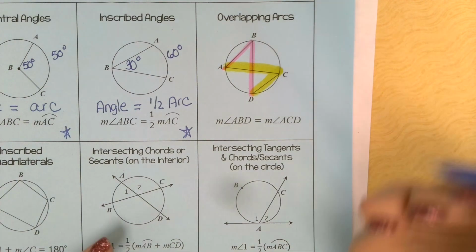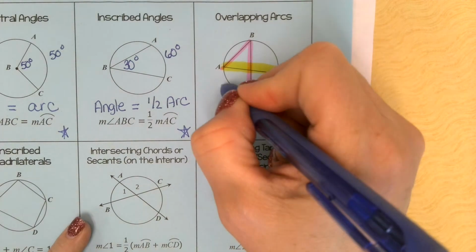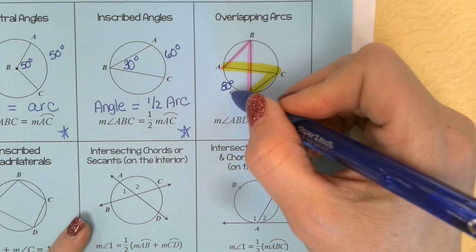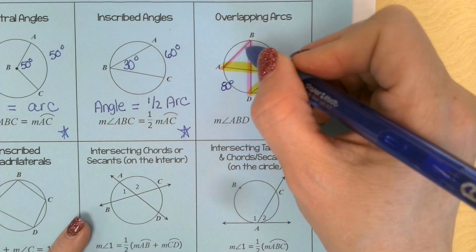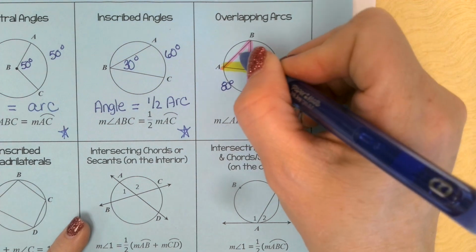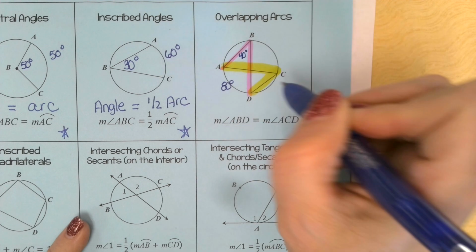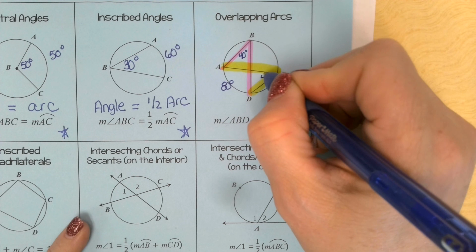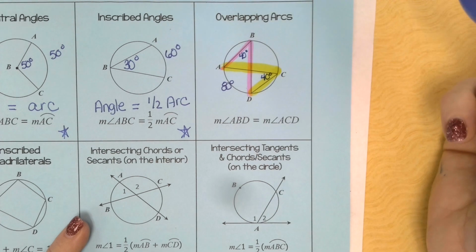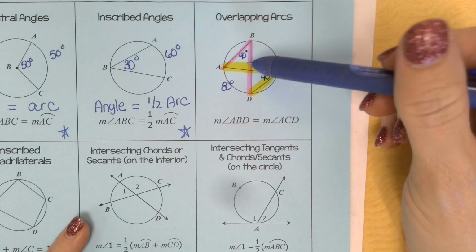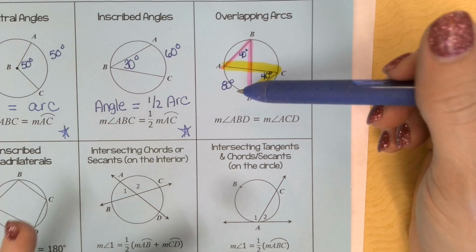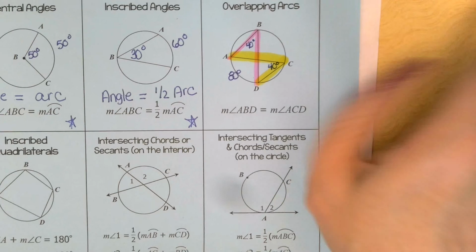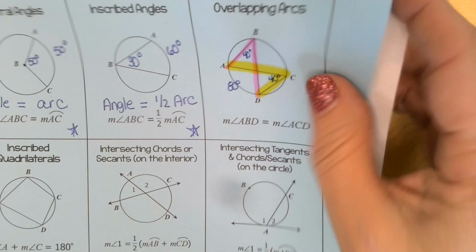So what this is telling me is that if this arc is 80, then angle B is an inscribed angle, so that means this would be 40. And angle C is also an inscribed angle, which means that this angle would be 40. So the theorem says if two angles are opening up to the same arc, intercepting the same arc, then the angles are equal to each other. That's exactly what that one is saying.